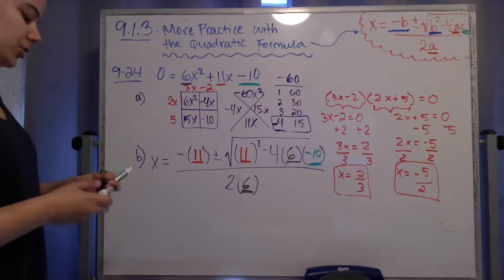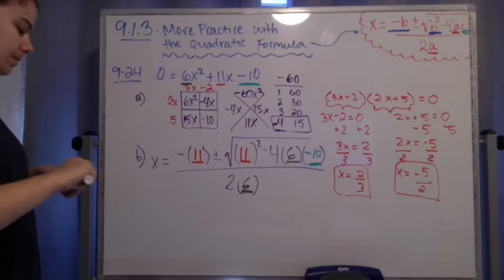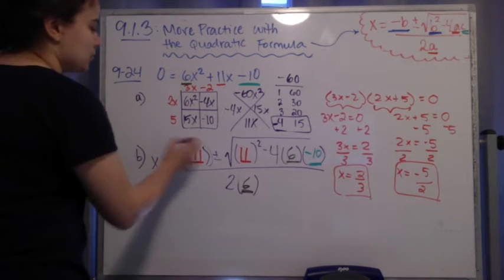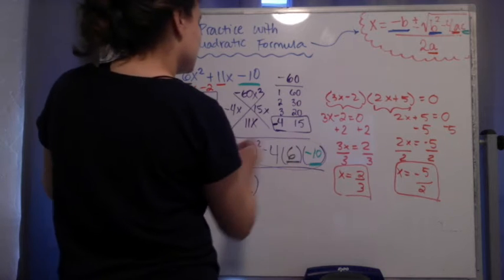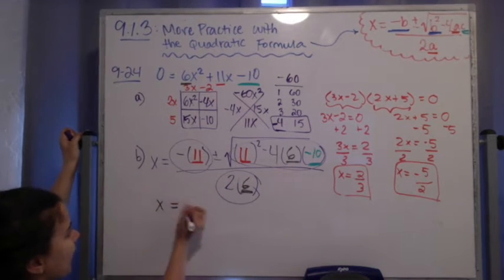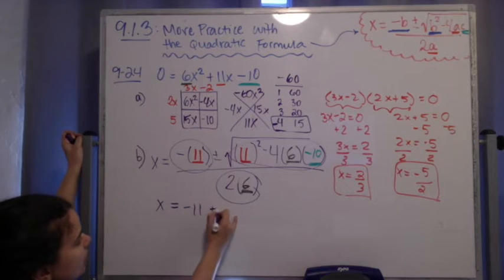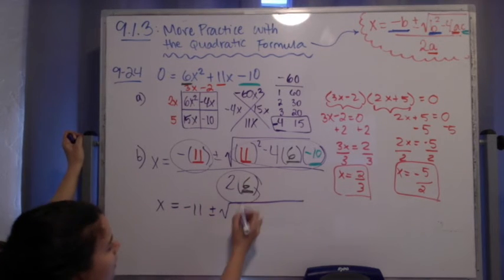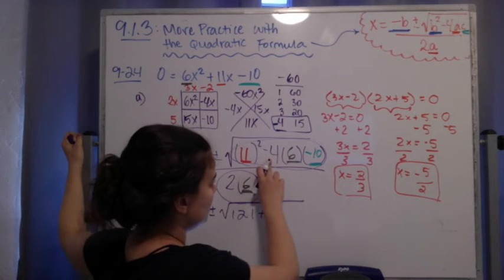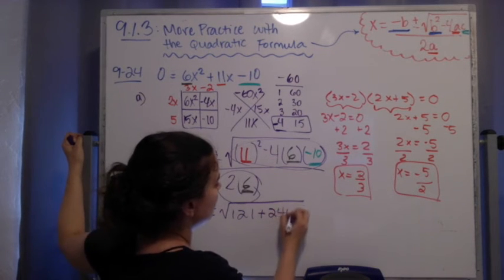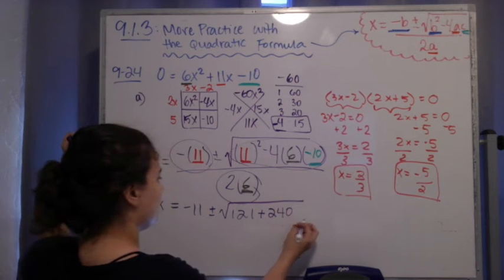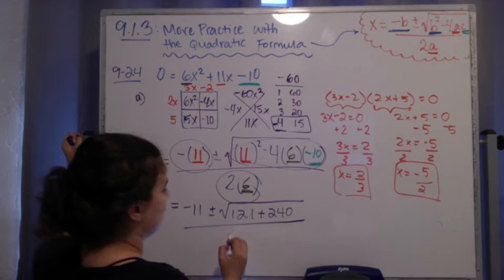Alright, so then we want to start simplifying. So I'm going to do these 3 parts on the next step. So we get x is equal to negative 11 plus or minus the square root of 121 plus 240, right? Negative 4 times 6 times negative 10, all divided by 12.